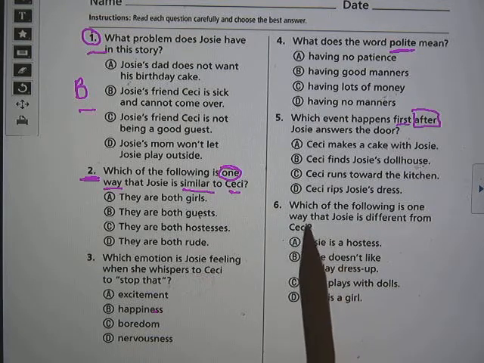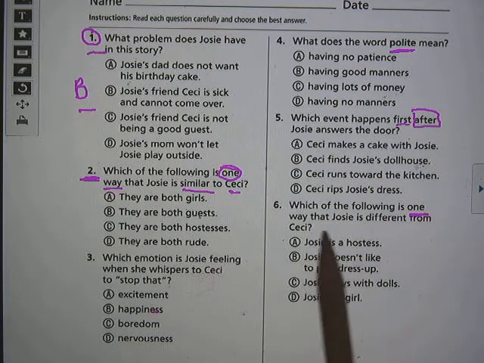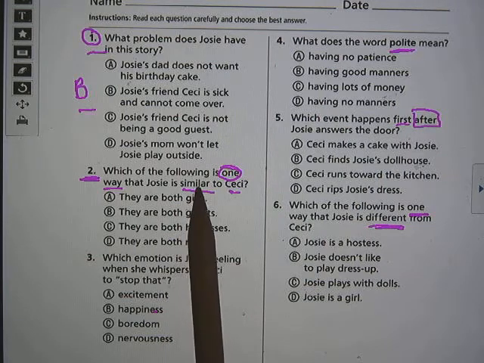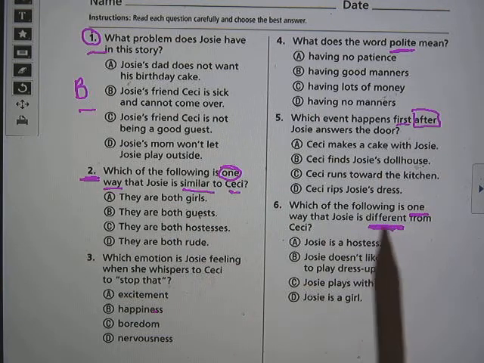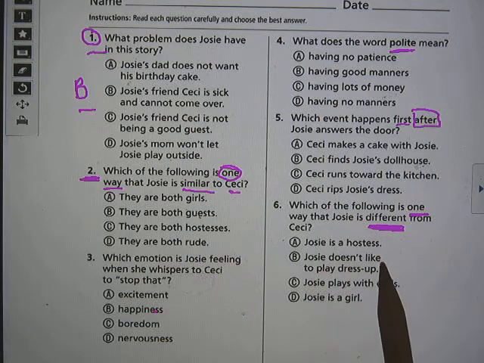Number 6, which of the following is one way Josie is different from Cece? So over here, it was similar. Here it's asking how are they different. So we're comparing and contrasting the characters during this test, okay? The two main characters. A, Josie is a hostess.